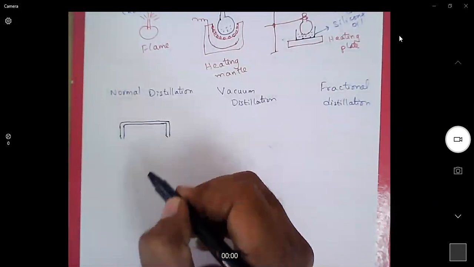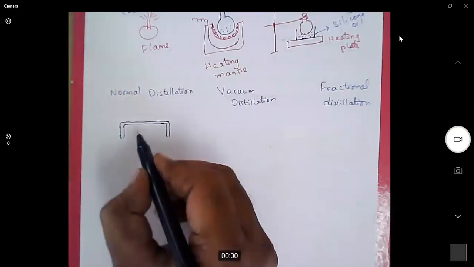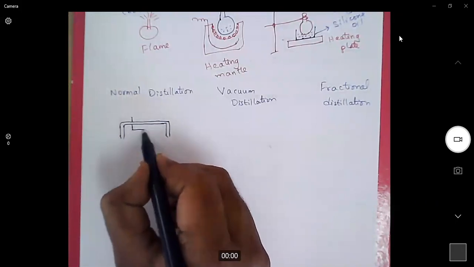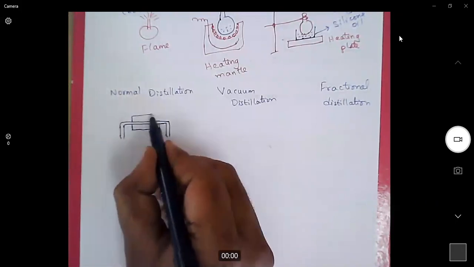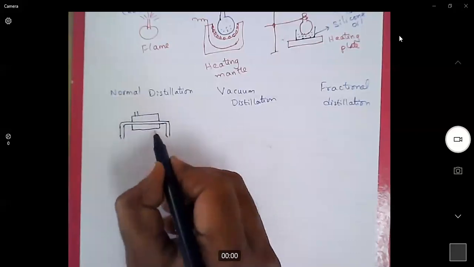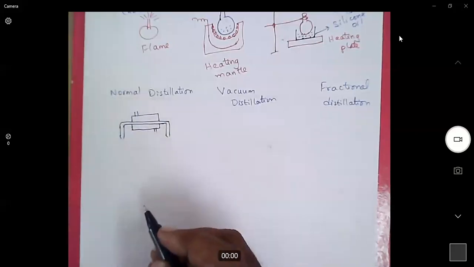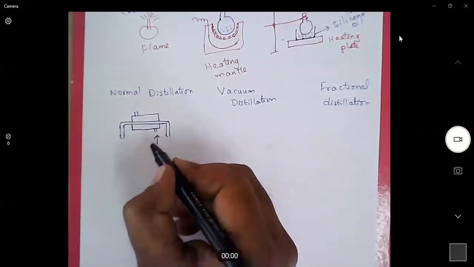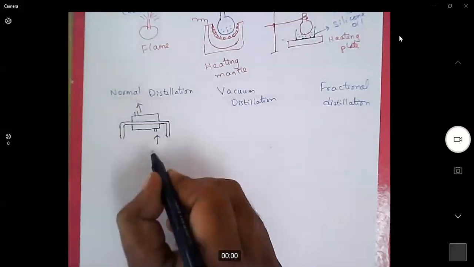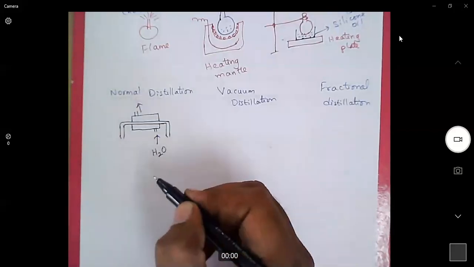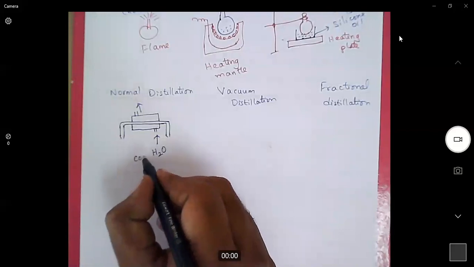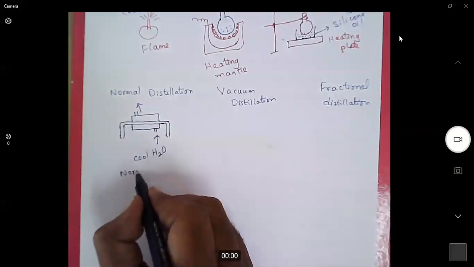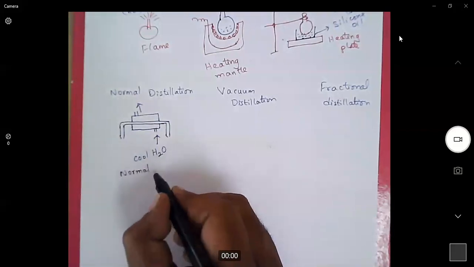This is called a distillation condenser, and it has an outer layer of glass tube which has a water inlet and water outlet. Generally, we will use cool water. So this is a normal condenser, or we call it a distillation condenser.